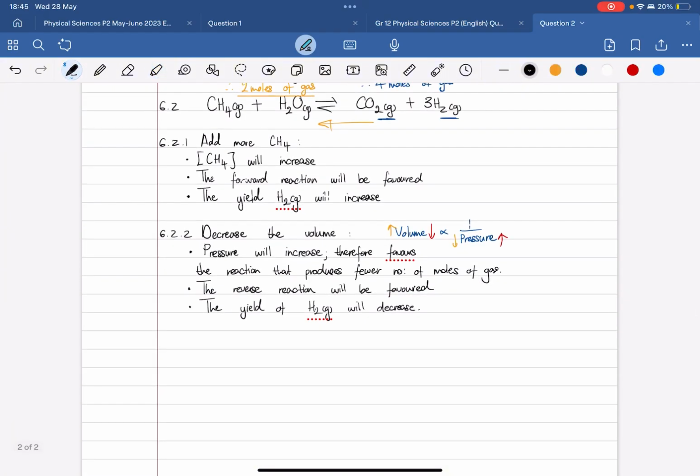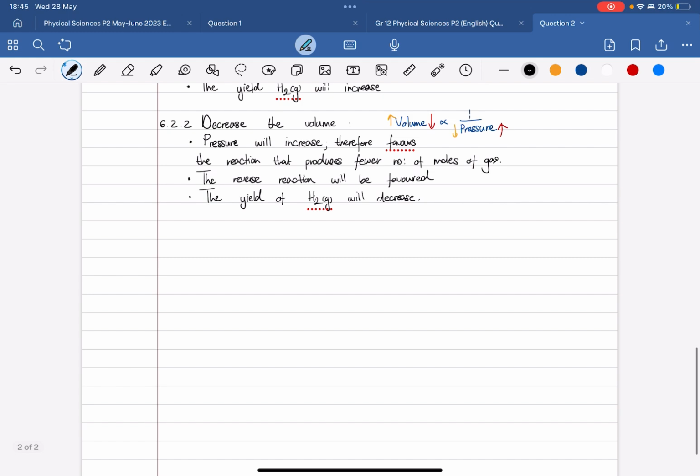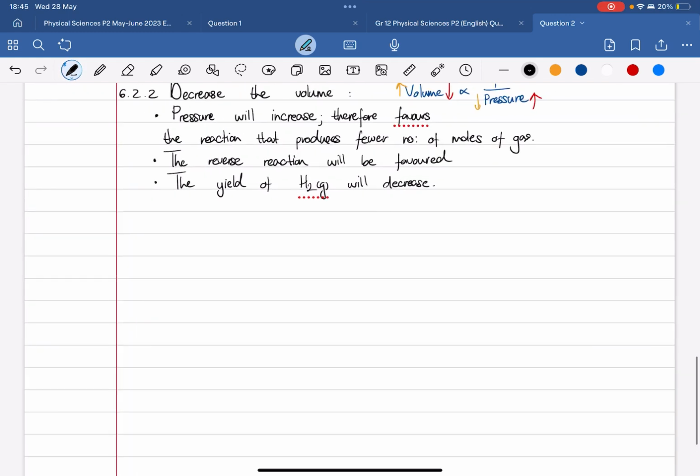So simply to answer that question, to 6.3, we can say simply that chemical equilibrium, some like to say dynamic equilibrium, has been reached.